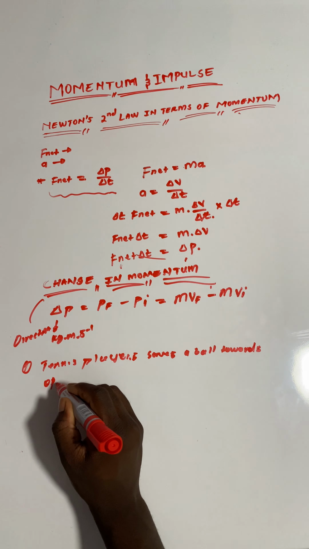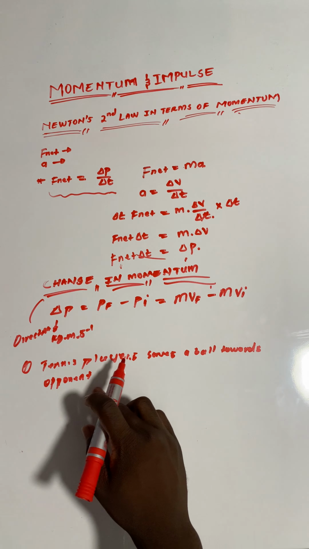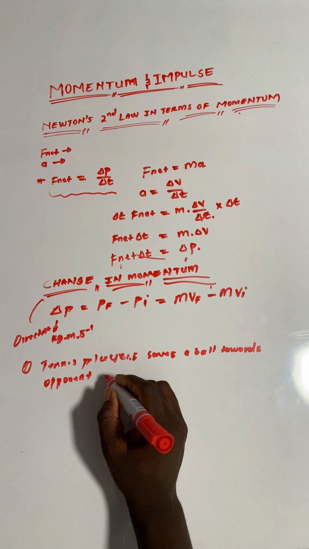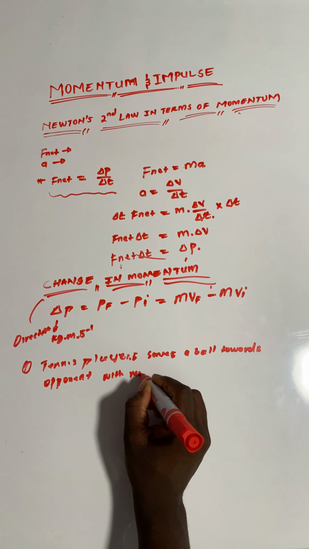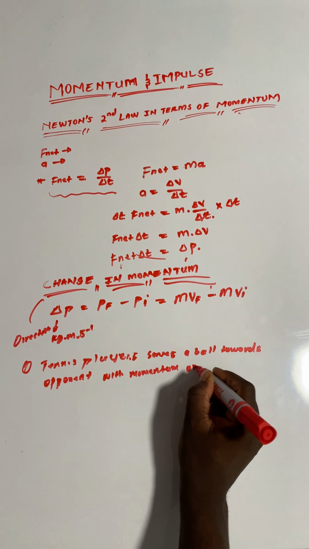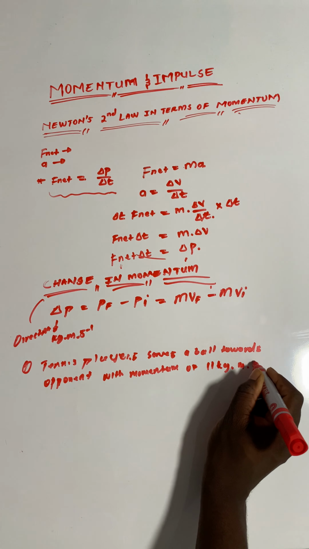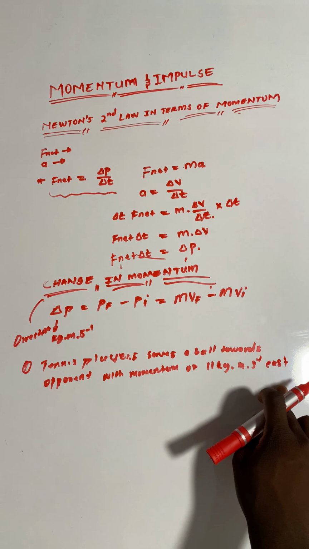So we have a tennis player tossing a ball towards his opponent. And let's say that the ball that he's throwing has a momentum of 11 kilograms per meters per second east. So that's the first part of the scenario.